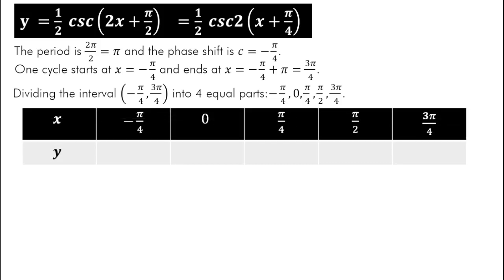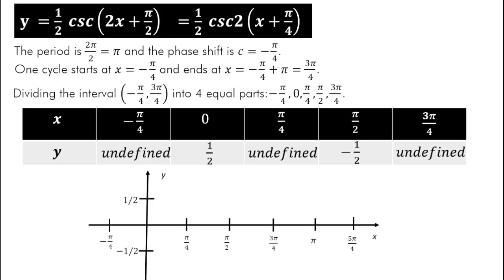And then again, we're just going to substitute it in our function. Then we'll obtain undefined, 1/2, undefined, negative 1/2, and then undefined. Then again, we'll have the vertical asymptotes at negative pi over 4, pi over 4, and 3 pi over 4.